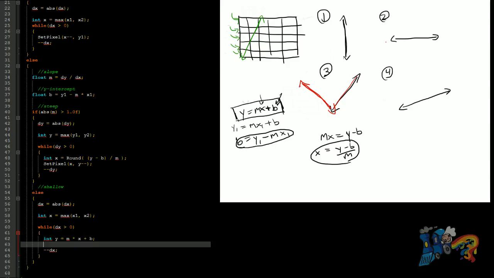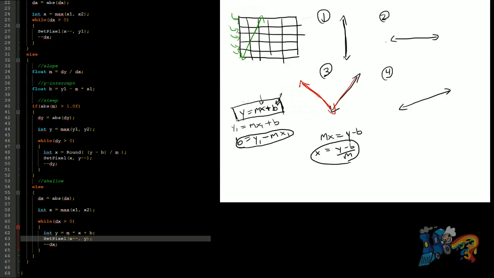Okay, now we can set the pixel. x decrements each iteration, and y is what we're calculating, and then we're setting it. So for each loop here, we're going to set a new x pixel and calculate a new corresponding y position for the pixel.